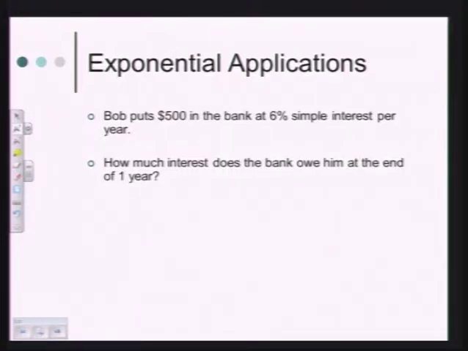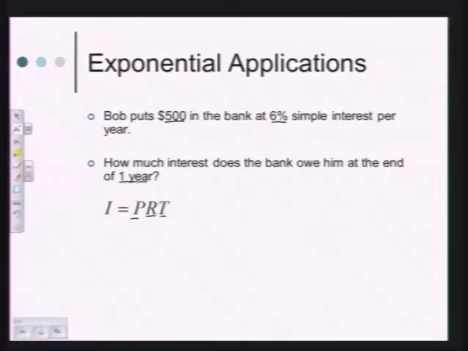Well, if you'll recall from previous classes, simple interest equals PRT, where we're looking at principal, which is the amount of money that Bob puts in the bank, times the interest rate, which is 6%, times the time, in this case, 1 year.